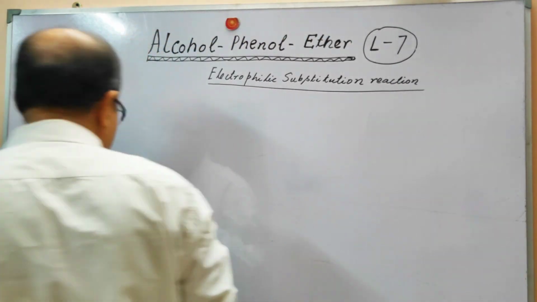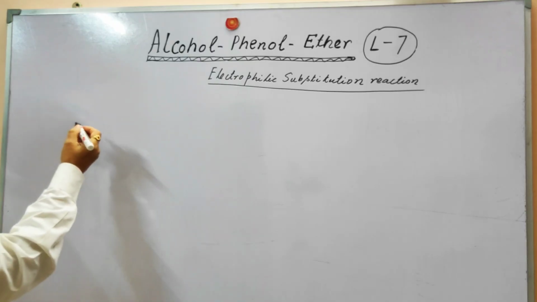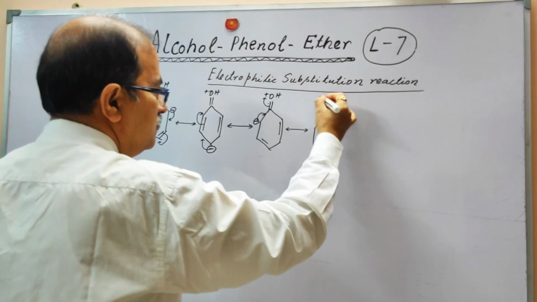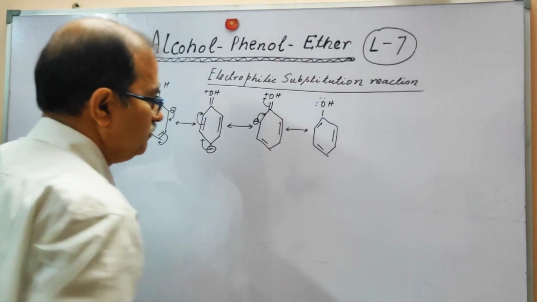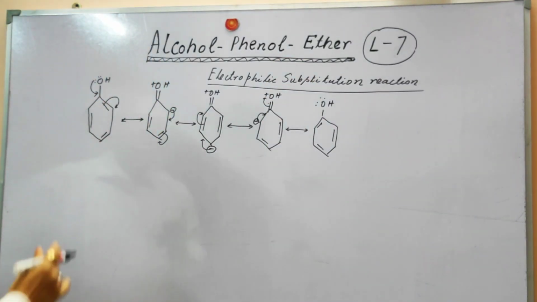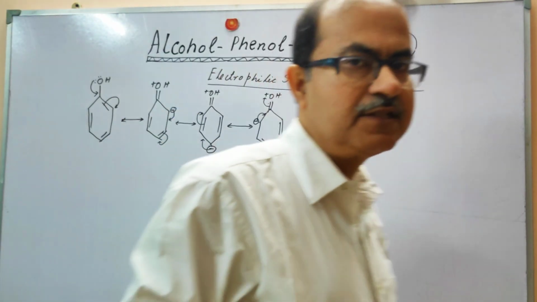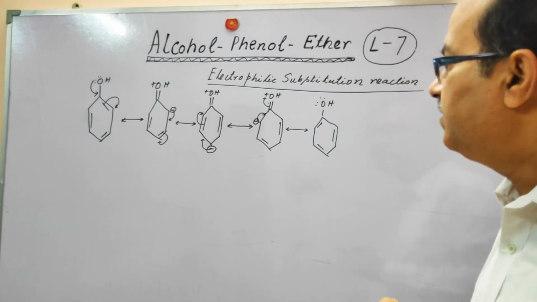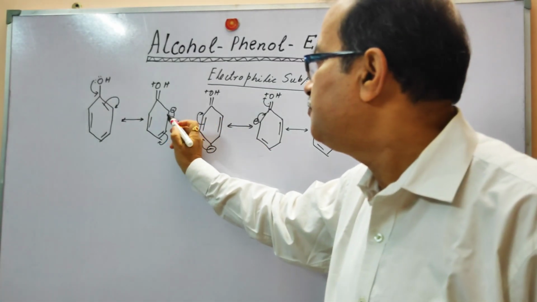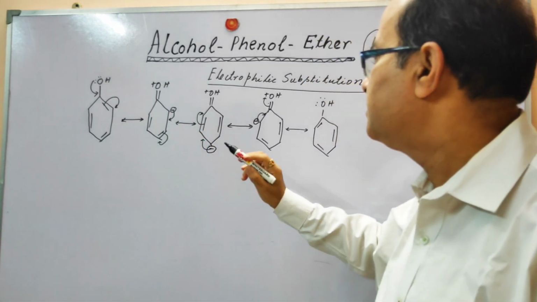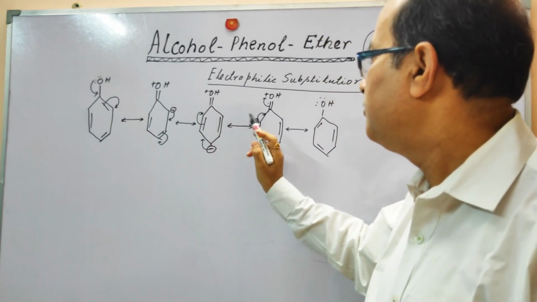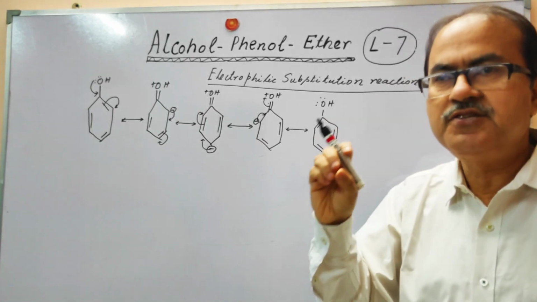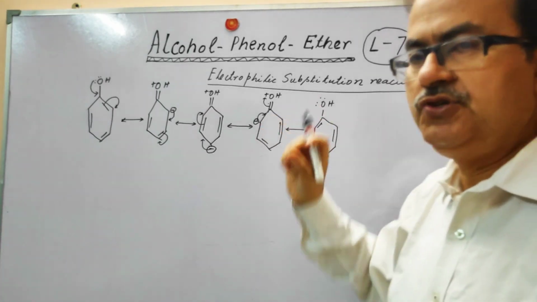First, let us understand the resonating structures of the phenols. These are the resonating structures of the phenol, and you can clearly see that in the ortho positions and in the para position, the electron density is much more than at any other position.